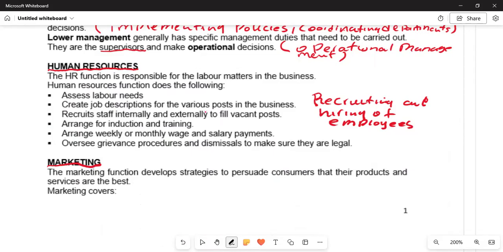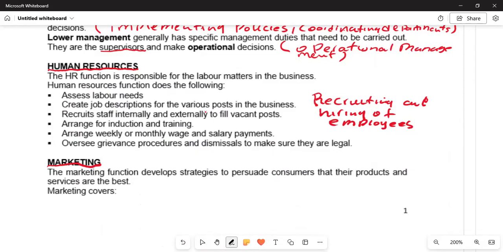Also, they arrange weekly or monthly wage and salary payments. Even for the compensation of the employees, they have their task to do. They oversee the grievance procedure and dismissal, to make sure they are legal.